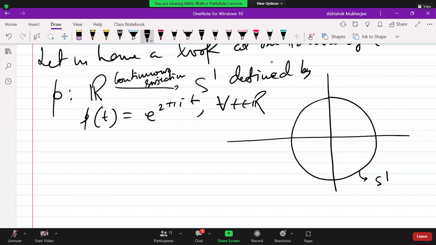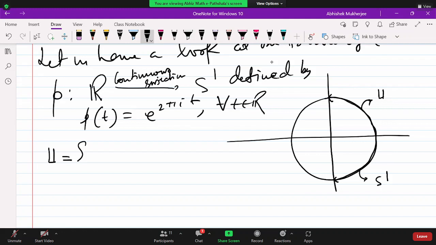Okay. Now this S1 will be assumed to be equipped with the usual topology, right? That means a topology that has been induced from R2. Okay. And with respect to that, you can take an open set in S1, which is suppose this one for the right half plane, this one, okay? Suppose it is U, okay? That means what is U?